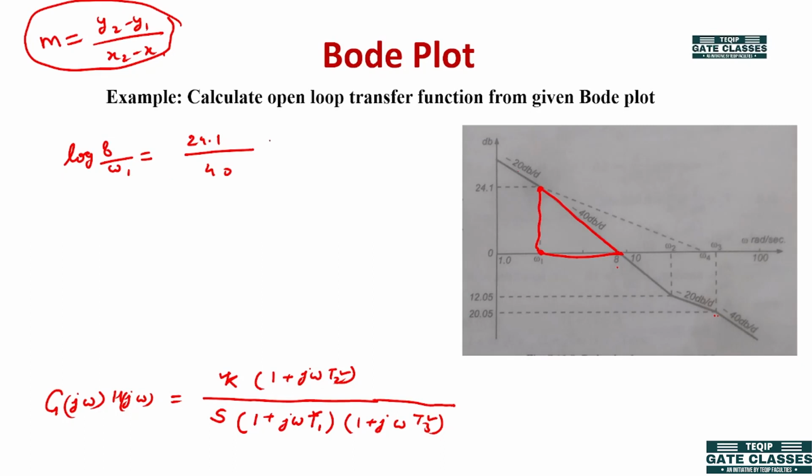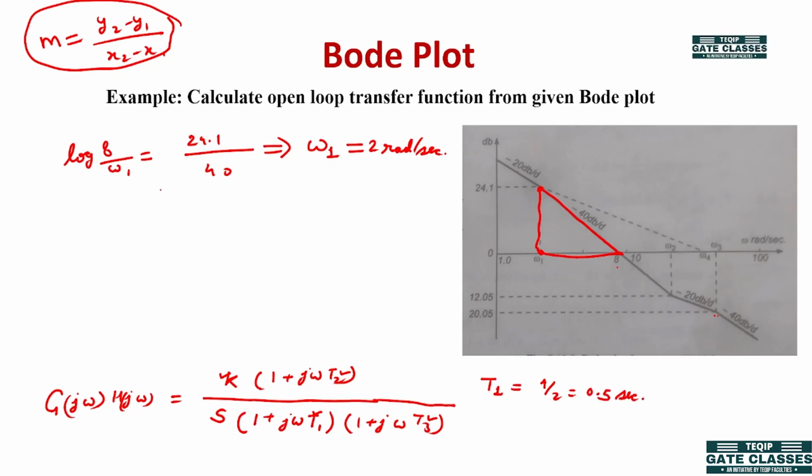If we solve this equation, you can pause and solve it yourself and then come back to the video. When we solve this equation, we get omega 1 is equal to 2 radians per second, or T1 is equal to 1 by 2, that is 0.5 seconds.